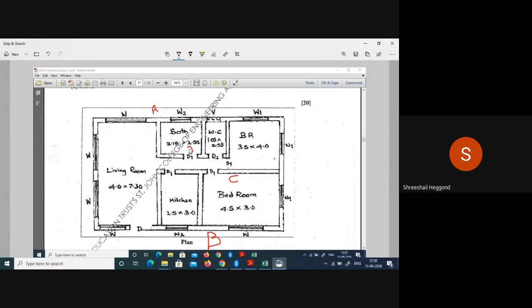Long wall A, B, C, D, all will be of long wall. Horizontal will be named as long walls, and the verticals will be named as short walls.